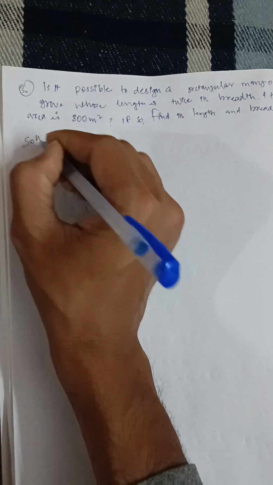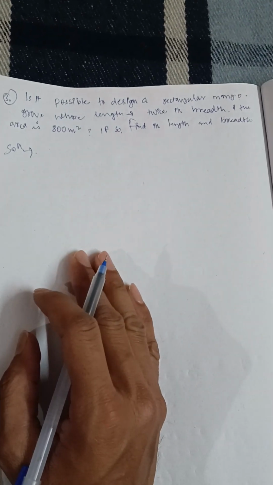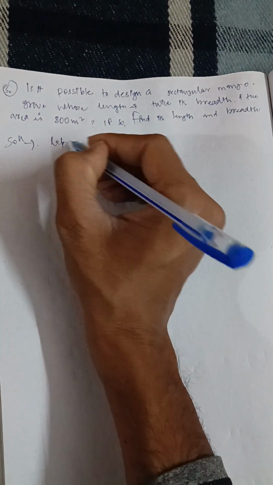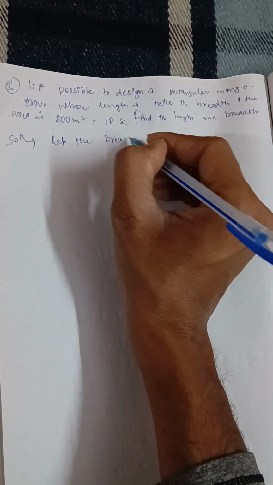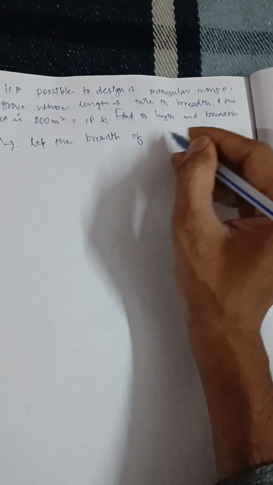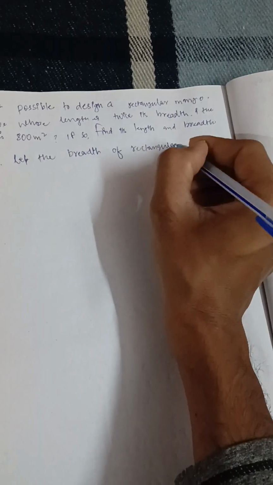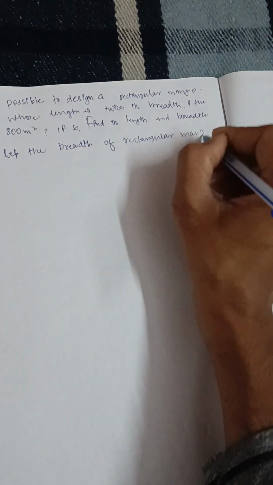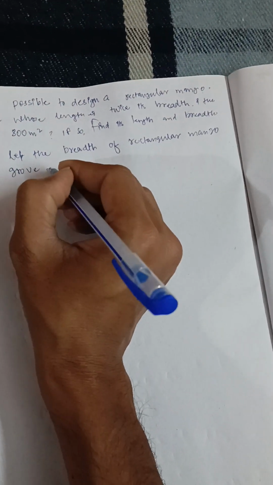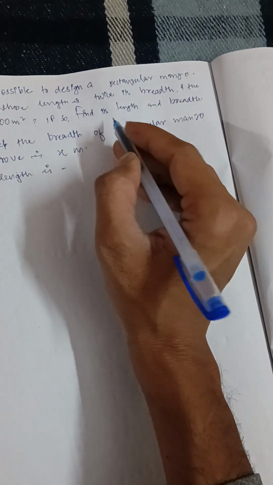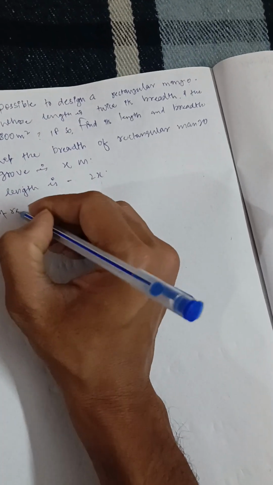So solution is: length is twice its breadth, then let the breadth of the rectangular mango grove be x meter, then length is 2x.